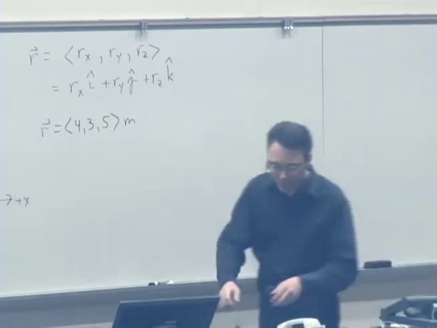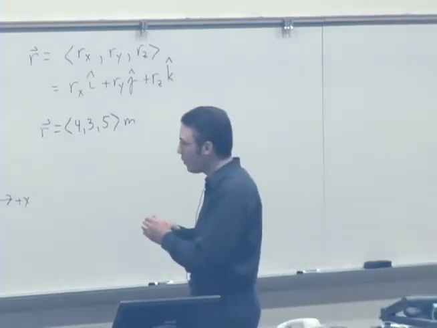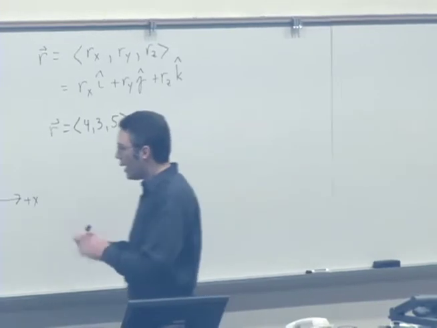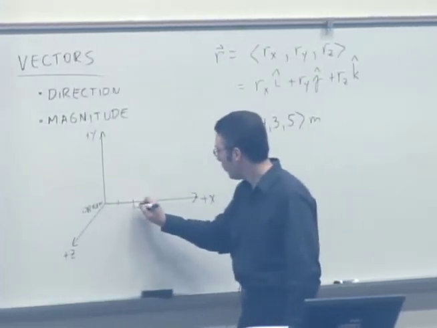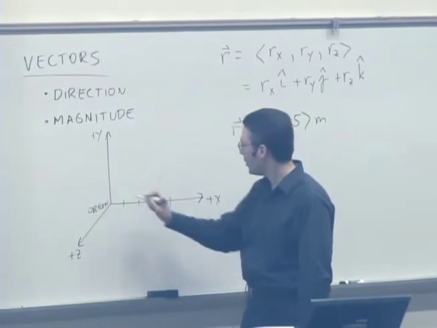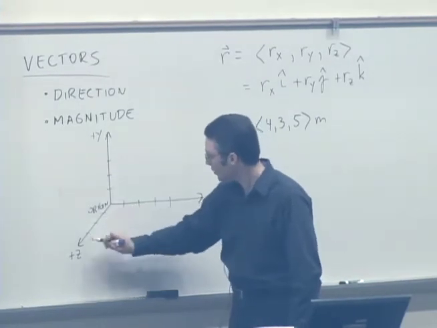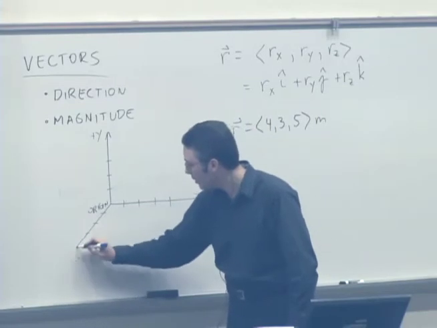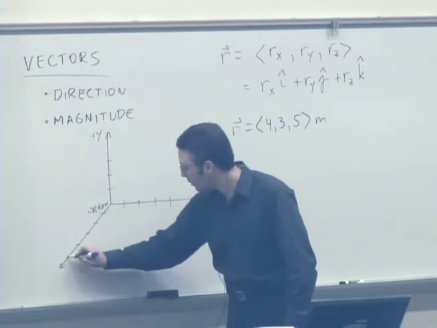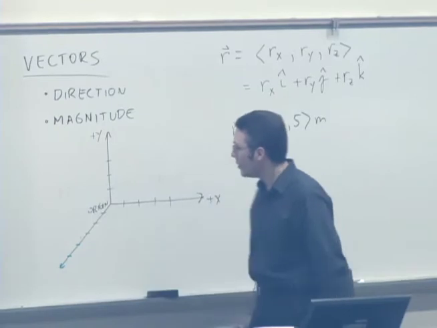So let's draw this in a different color. The components: 4 meters in the x direction, 3 meters in the y direction, and 5 meters in the z direction.